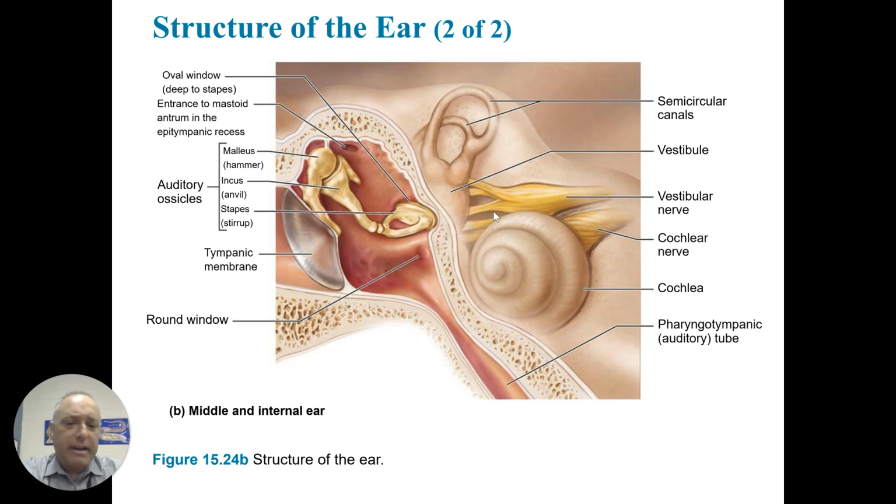This is then connected with the vestibulocochlear nerves. This is the middle ear with the bones. The inner ear is this labyrinth with the semicircular canals and the cochlea. And here is that pharyngotympanic auditory tube.